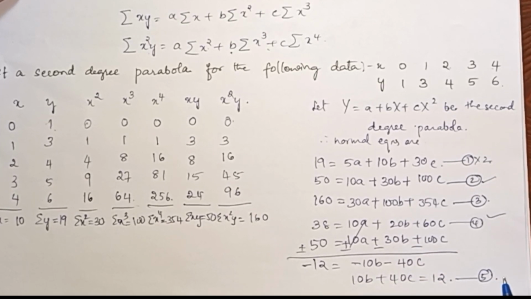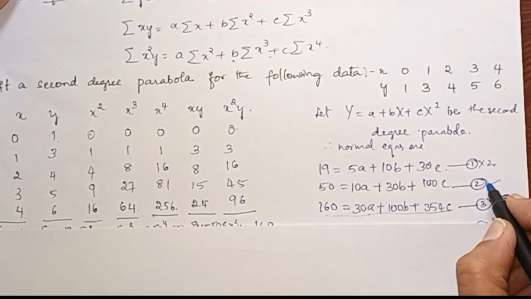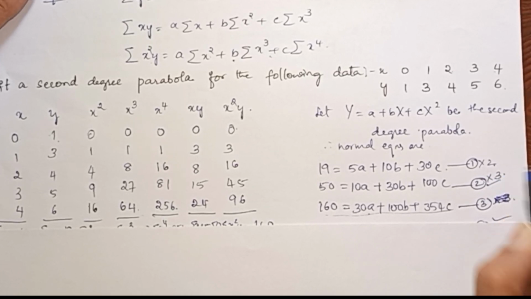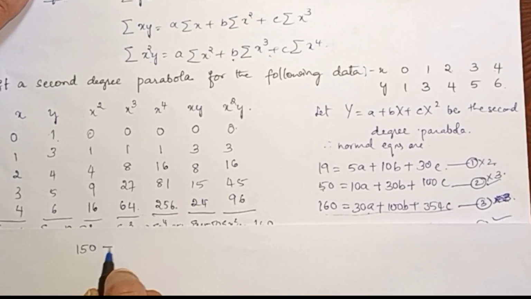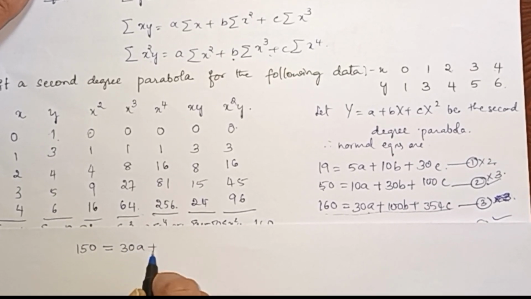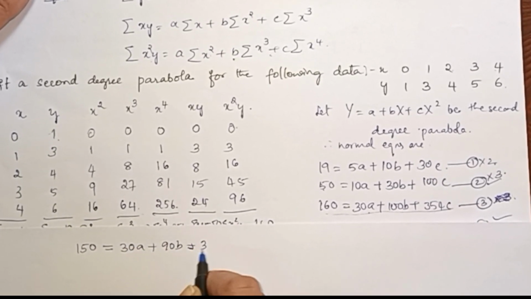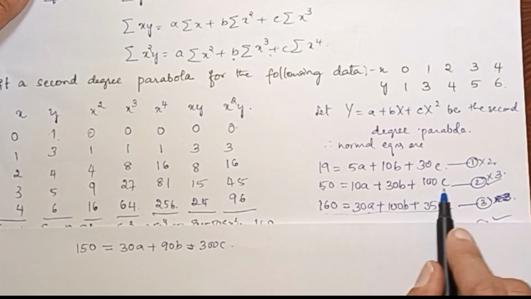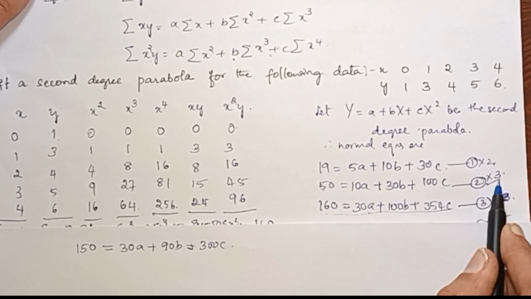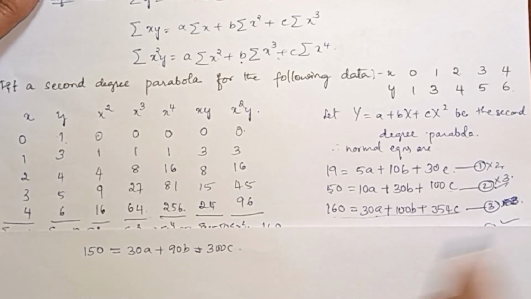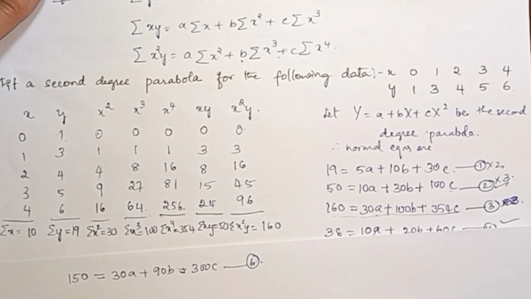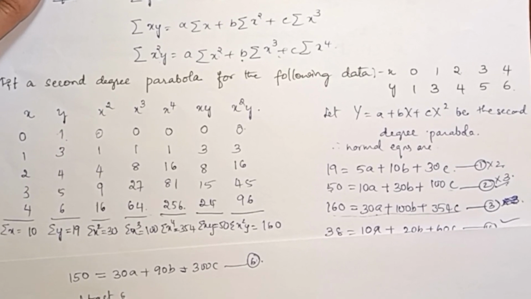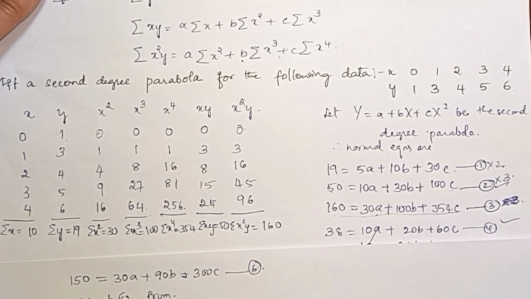Now further simplification. You have to multiply the second equation by 3. Therefore you will get 150, which is equal to 30a plus 90b plus 300c. Now subtract this sixth equation from the third equation.